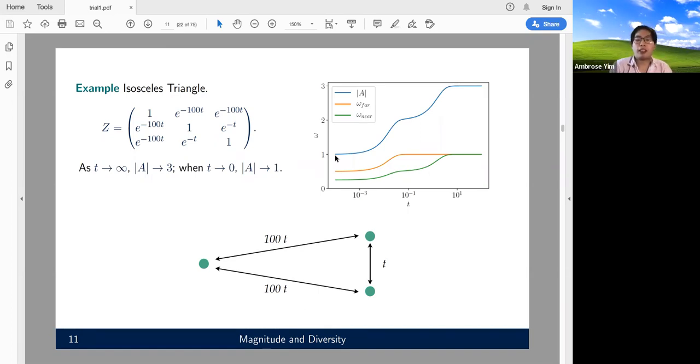That's the scale at which the left-hand side point is very far away, but the right-hand side points are still very close together. We see 2 points effectively. And as we increase t, we finally see 3 points. Now, the orange curve is the weight we assign to the left-hand side point.